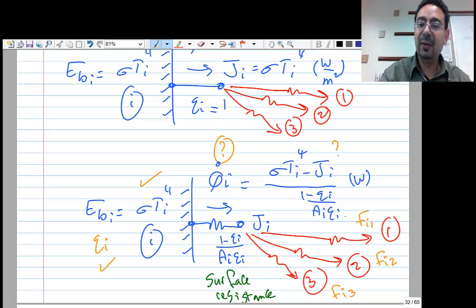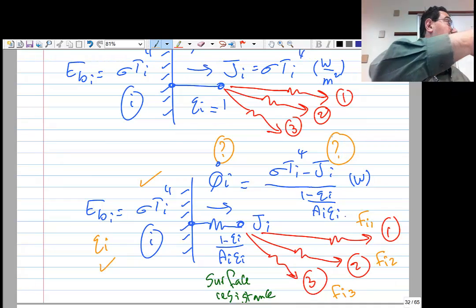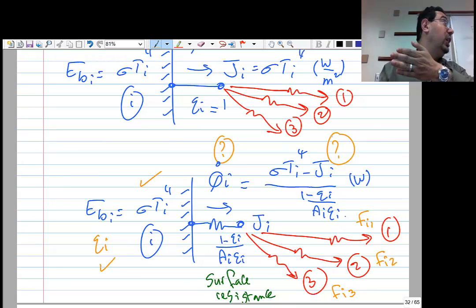You don't have the J or the Q. One equation, two unknowns. How's that going to work? Yes, the Q is the black body radiation, where I know the temperature, minus J, but how much is the J? And if I don't know the Q, how can I get the J? And if I don't know the J, how can I get the Q? Right?